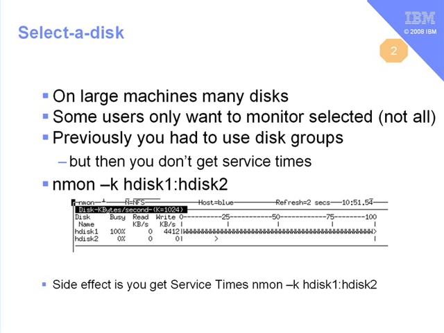Previously you could use the user-defined disk groups, where you could name particular disks, put them into a group, but that doesn't work for the service times because you can't really take a service time across a set of disks. So now we have the -k option. You can name the particular disks that you're interested in. These are the only ones that will be shown on the screen, and you will get the service times.